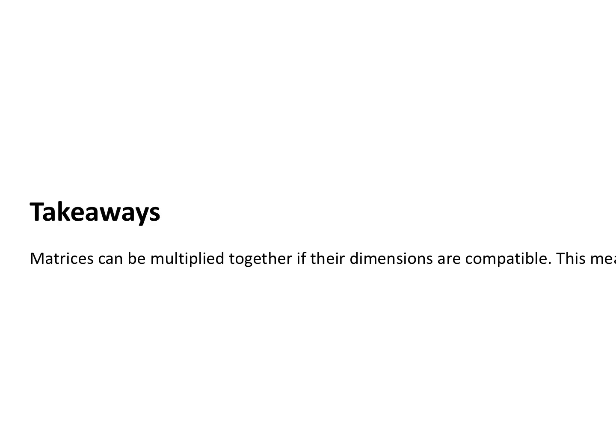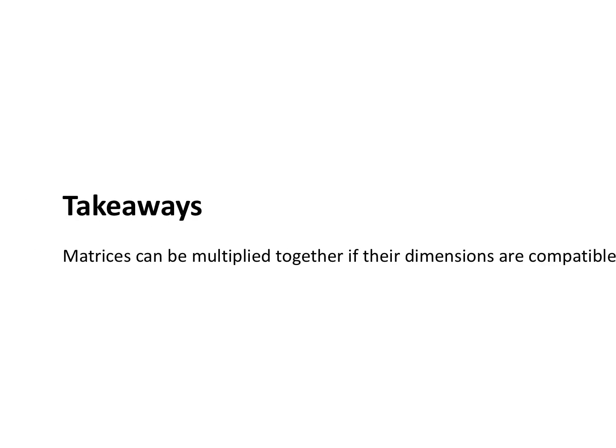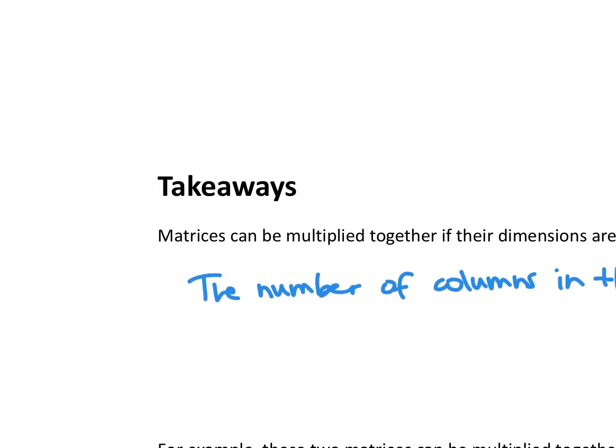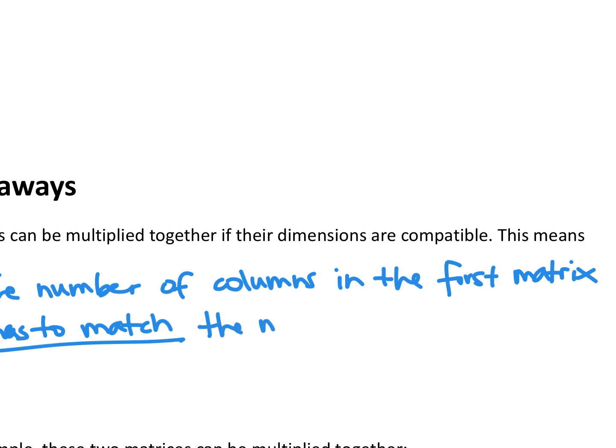Okay, so that's what it means when matrices can be multiplied together if their dimensions are compatible. It means that the number of columns in the first matrix has to match the number of rows in the second matrix.